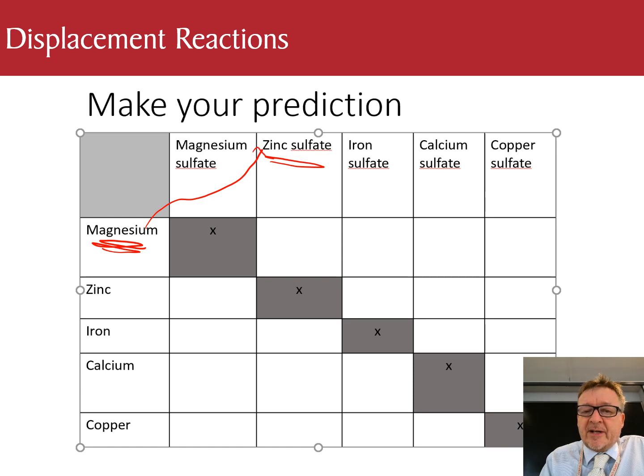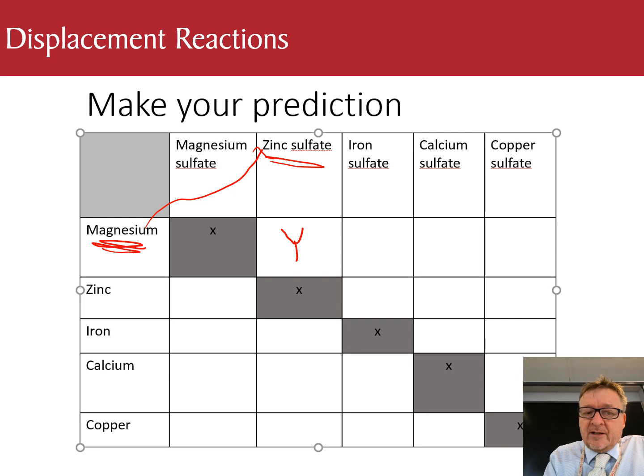I go back to my reactivity series, and whichever is highest wins the fight. Because magnesium is higher than zinc, there will be a reaction, and we'd get magnesium sulfate and zinc on its own.